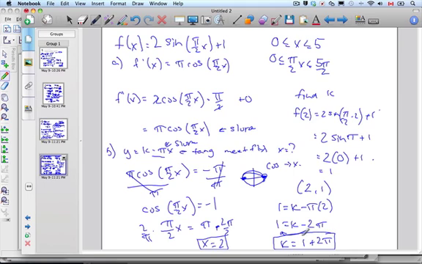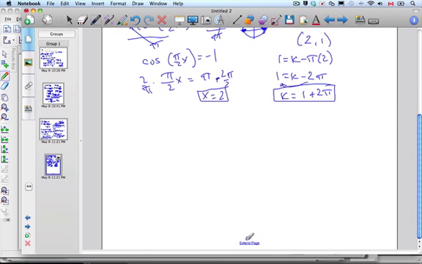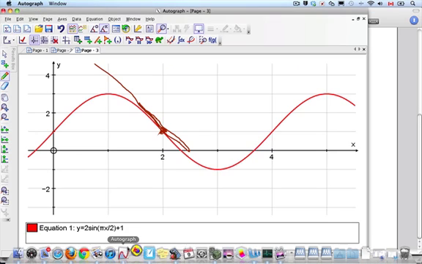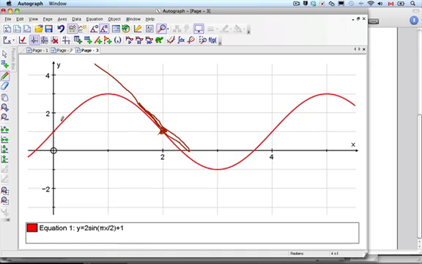And finally, the very last part of the question says to solve the equation f of x equals 2 over this interval. Well, you have your calculator. I'm going to take my equation here, and it's saying equal to 2.